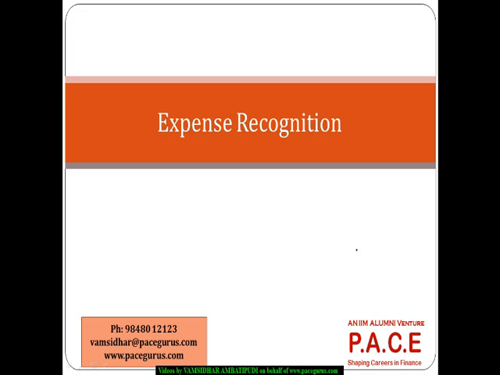In this session, I'm going to primarily look at the expense recognition, and primarily I would focus on the general principles associated with expense recognition for different kinds of expenses. So we'll look at what are the principles that are associated with inventory related expense recognition. What will we look at with respect to depreciation? What are the general principles associated with depreciation expense?